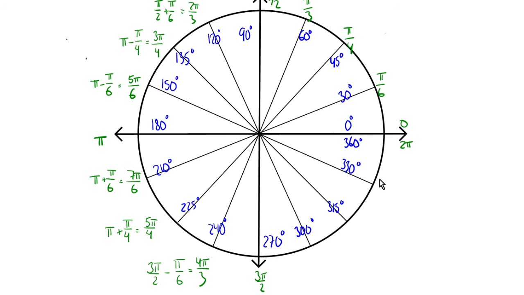And then we have the last quadrant, quadrant 4 here, the 330 degrees. Well, that's going to be 2 pi minus pi over 6. So it's going to be 11 pi over 6. The 315 degrees, we're going to take 2 pi and subtract pi over 4.